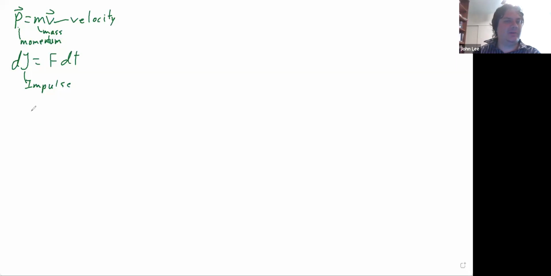So impulse is equal to the integral of F dt.